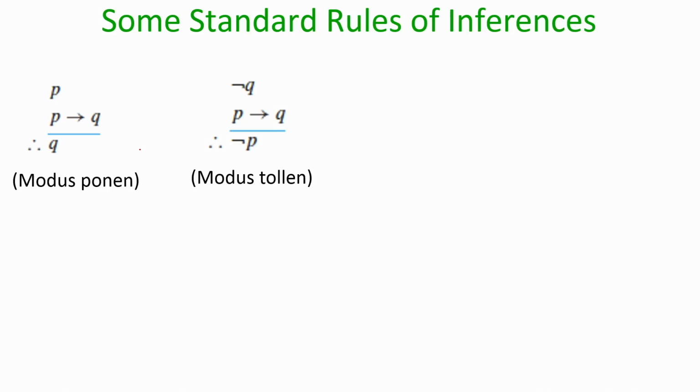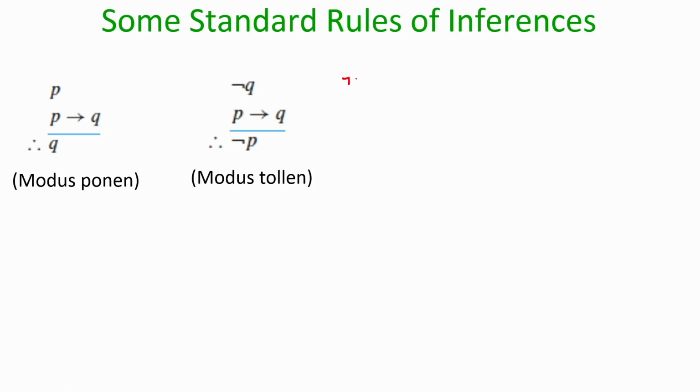There is another well known rule of inference which is called Modus Tollens. This says the following: if you are given the premises negation Q and P implies Q, then you can come to the conclusion negation P. Even though it is given a different name and might look like a different argument form, I can view it as a special form of Modus Ponens. So, let us see how.